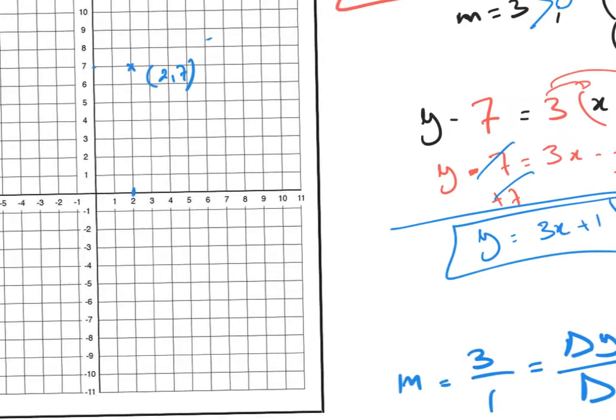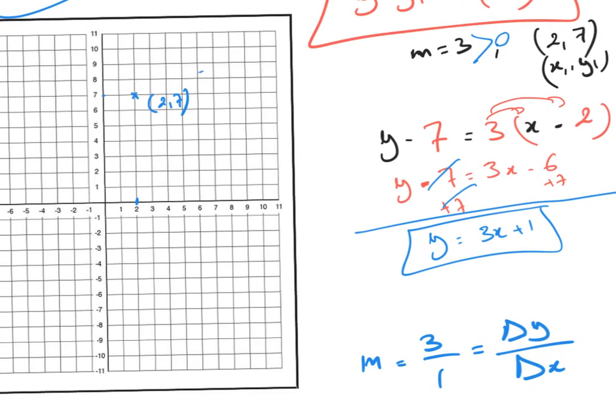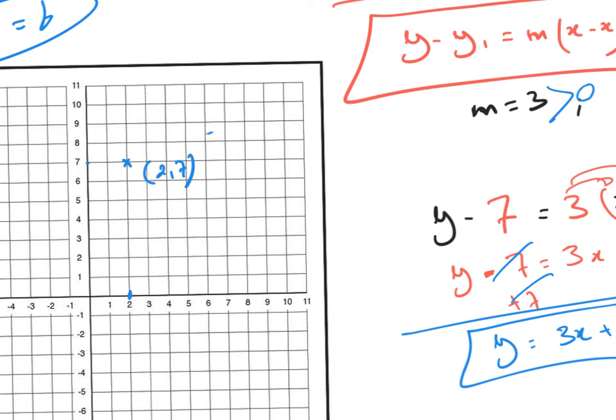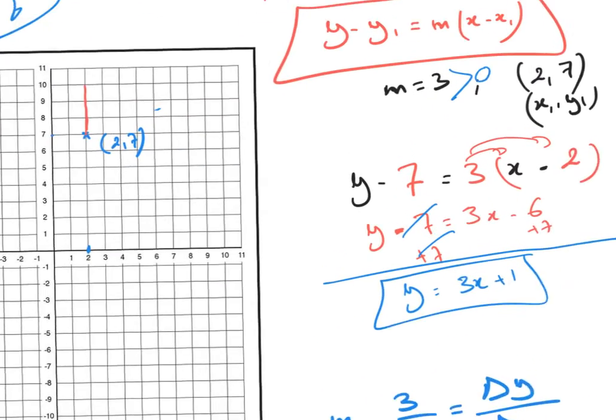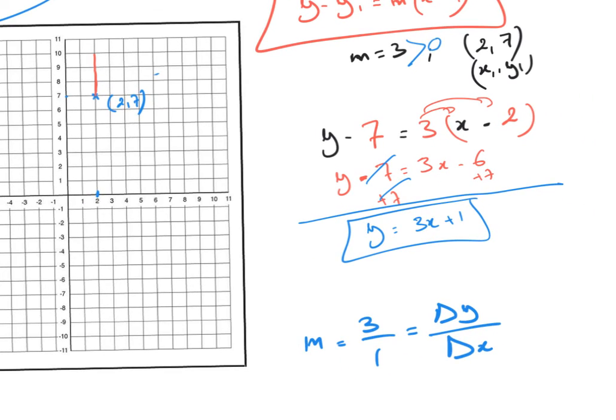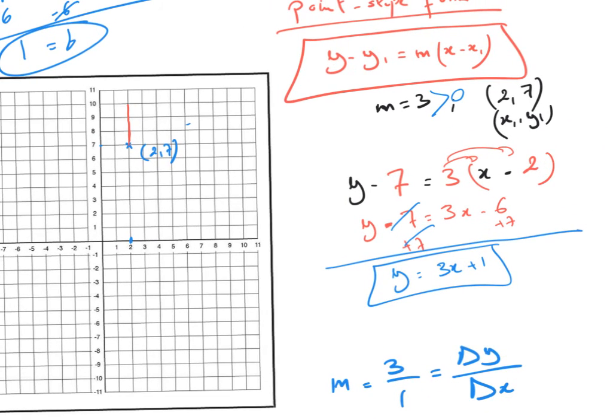Delta y is 3, so we go up by 3 units: 1, 2, and 3. And delta x, the change in x, is 1 unit, so we go to the right by 1 unit right here, and that's going to be my second point.